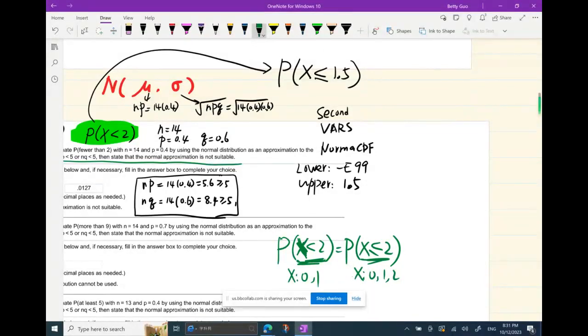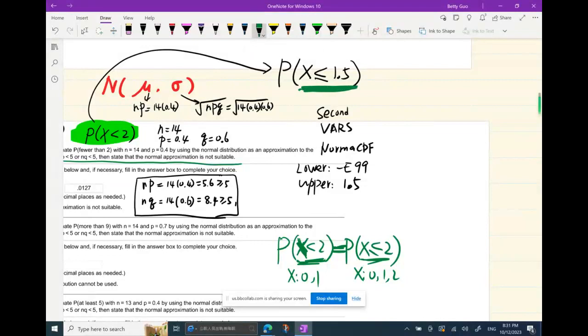But as a continuous random variable, because we are approximating, right? x is going to be a normal, then they are exactly the same. How do we adjust that? Then we have to let the calculator know x cannot assume 2.